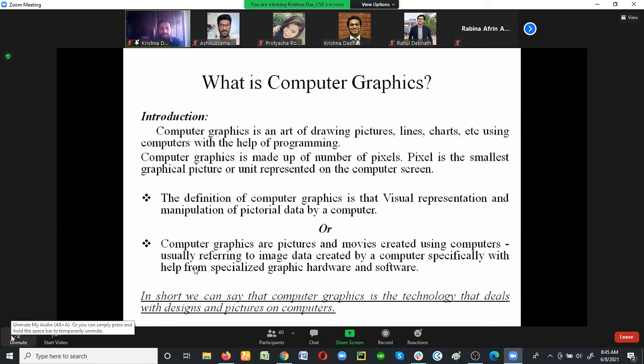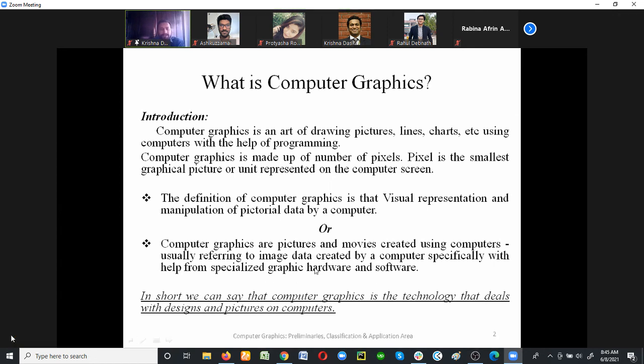Now what you need to discuss is the graphic hardware and software, the components for computing especially for graphical activity, as well as your programming, so that you can use those two components to show the image data on your computer and generate the image as a picture or a moving picture or movies, right? So that's the computer graphics.